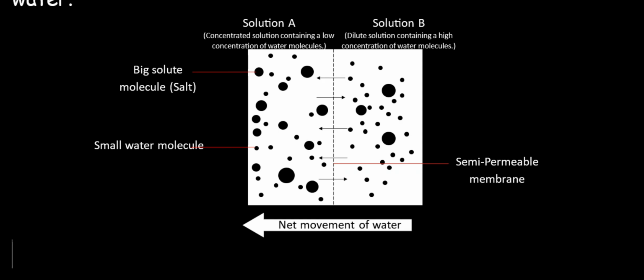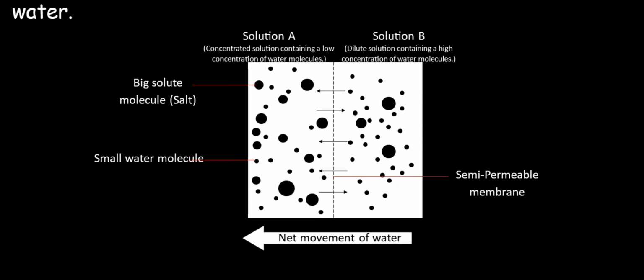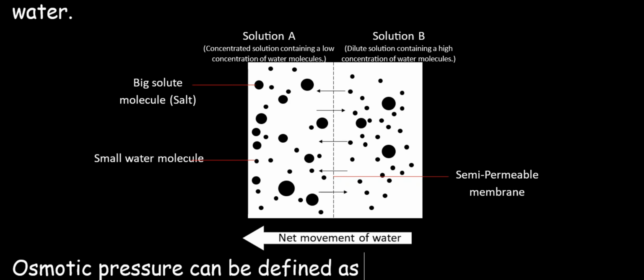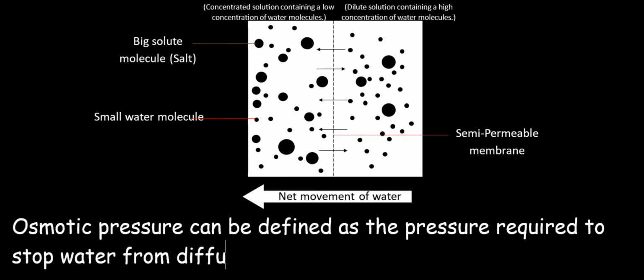And from the diagram that you can see, the osmotic pressure of solution A will be higher than the osmotic pressure of solution B. And this is because there is a greater amount of solute present in solution A as compared to solution B. Osmotic pressure can also be defined as the pressure required to stop water from diffusing through a membrane by osmosis.